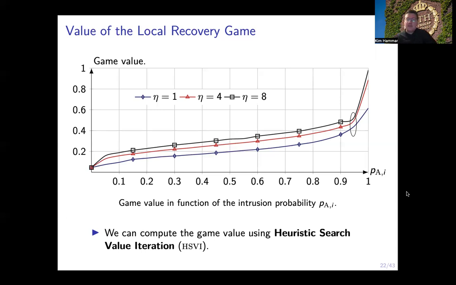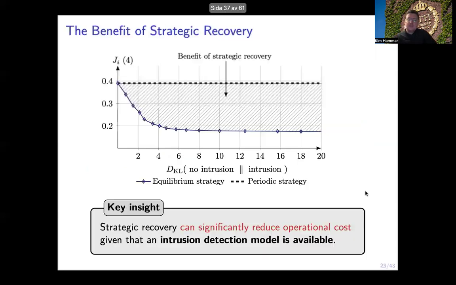Now, when we compare the equilibrium strategy to the periodic recovery strategy that is used in current intrusion-tolerant systems, we find the following. On the y-axis, you have the average cost, and on the x-axis, you have the KL divergence between the observations during normal operation and during an attack. So essentially, a larger KL divergence means better intrusion detection.